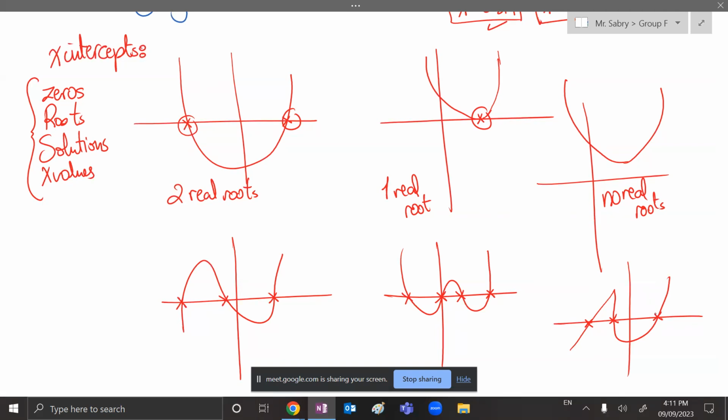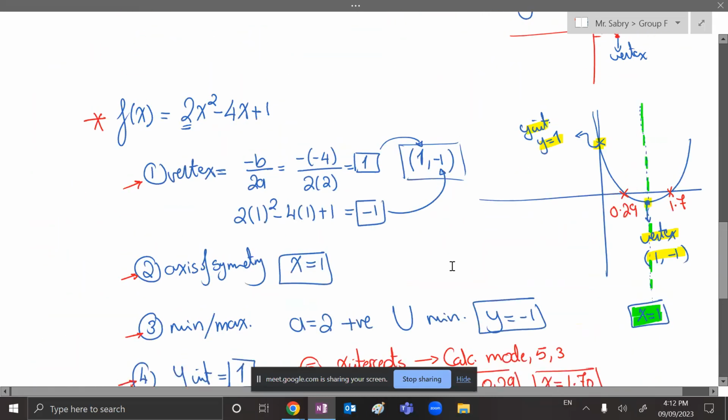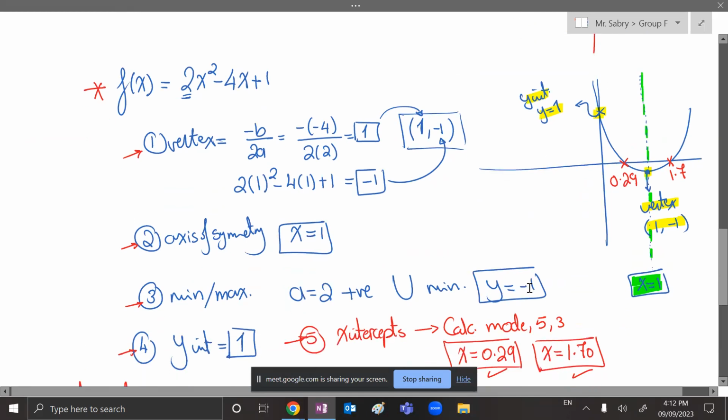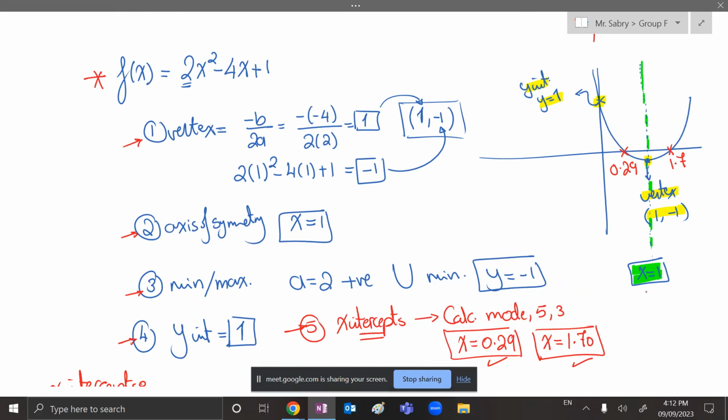So, those are called roots and so on, and they're also the solutions. So in the graph that we did earlier, the one that was in your homework, when we do the mode 5-3, we're basically getting the x-intercepts, or the solutions, or the roots. So if you're ever asked to find the solutions of a quadratic function, the mode 5-3 will get you there.